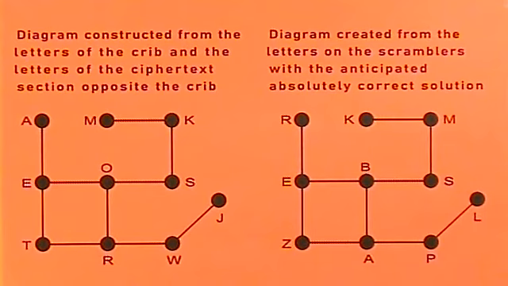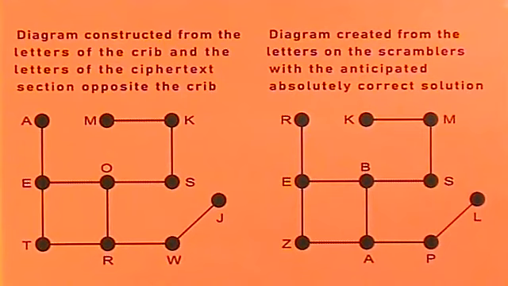The great achievement of Gordon Welchman is that he created the following rule for comparing the two diagrams. The rule is that no letter that is in this diagram may also be in that diagram.